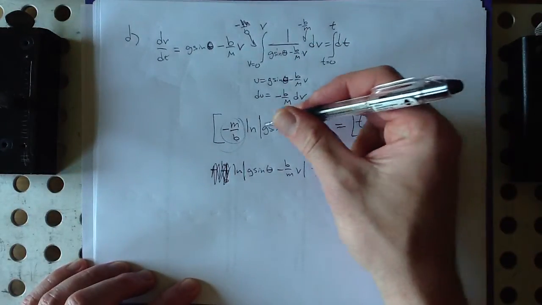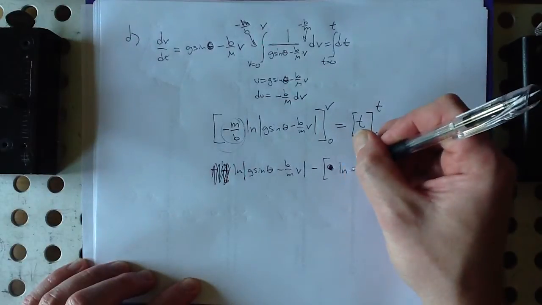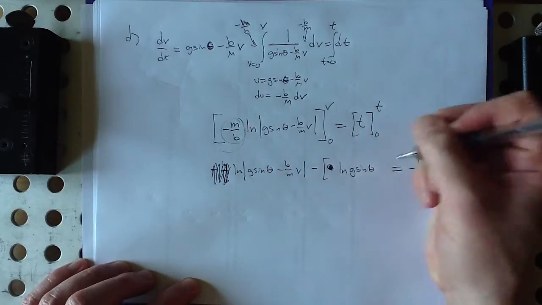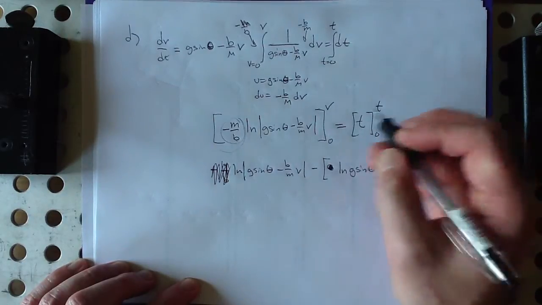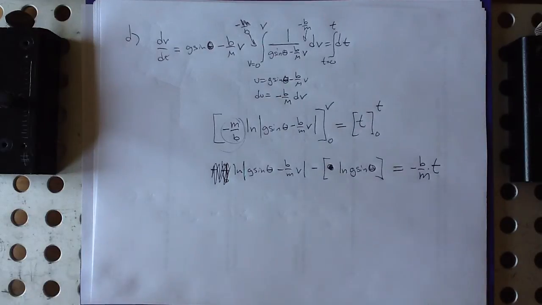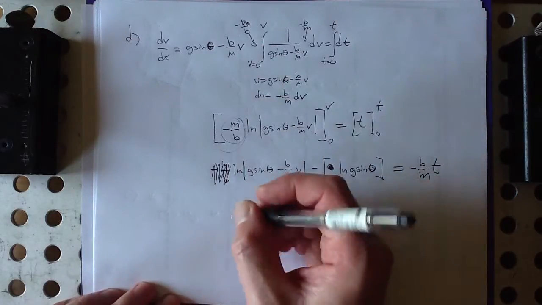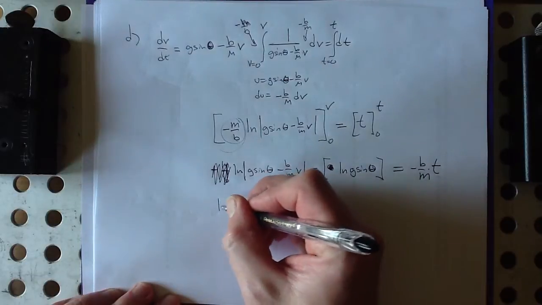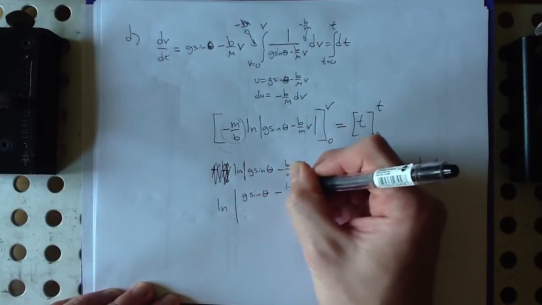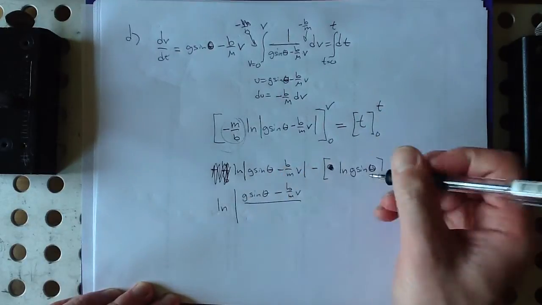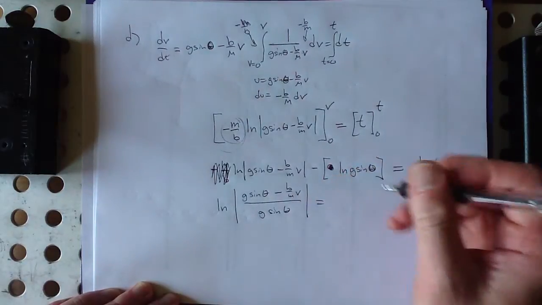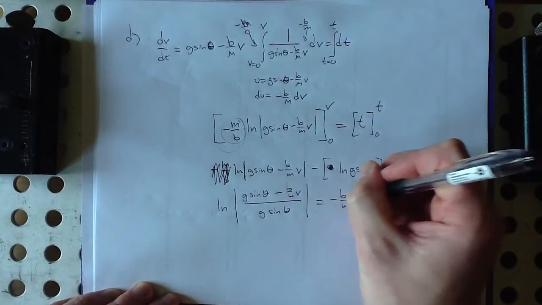And plugging 0 into this, natural log of g sine theta. And that goes away. So let's see. Logarithm rules. I can say that's the natural log of g sine theta minus b over m v, all over g sine theta, is equal to negative b over m t.